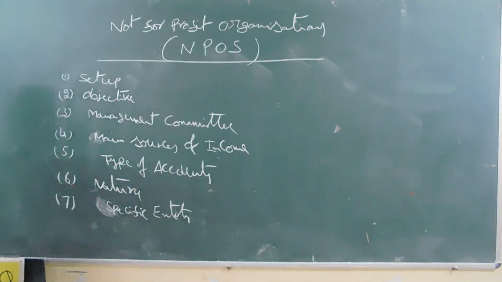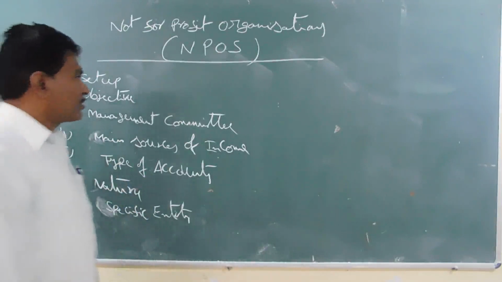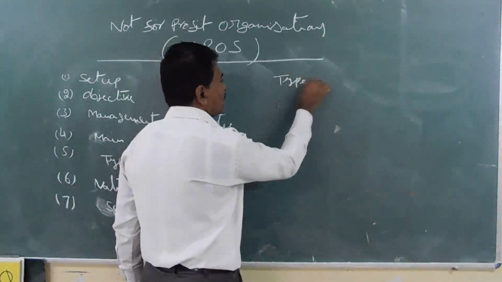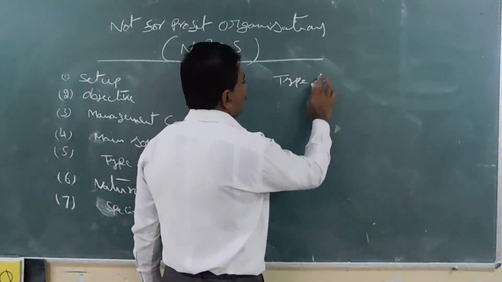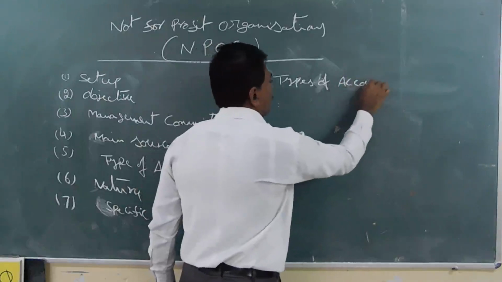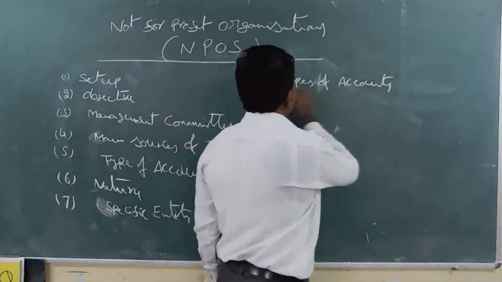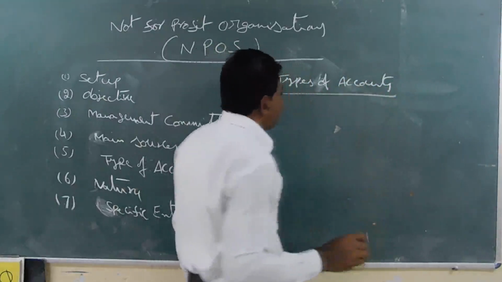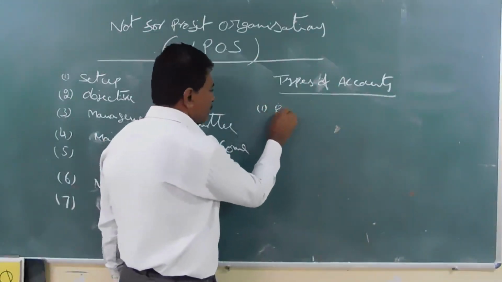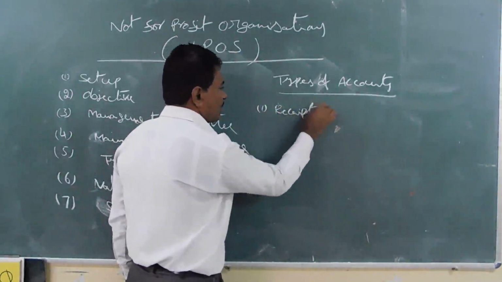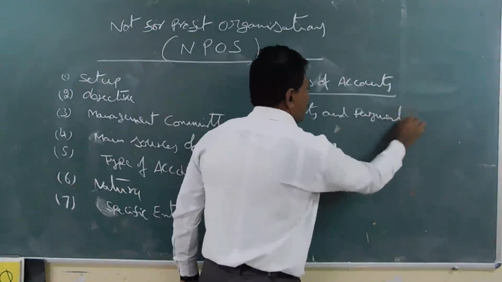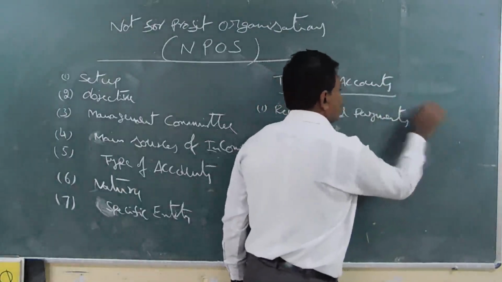Now let us look at the types of accounts to be prepared. These organizations prepare the following types of accounts. First one, receipts and payments account.